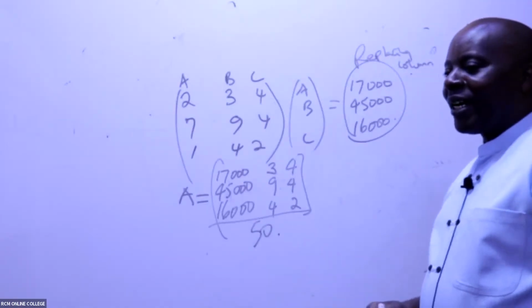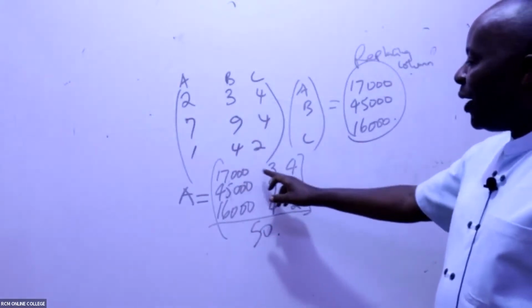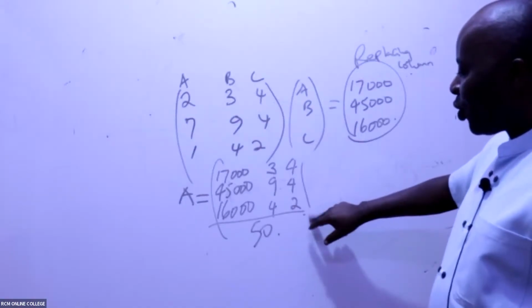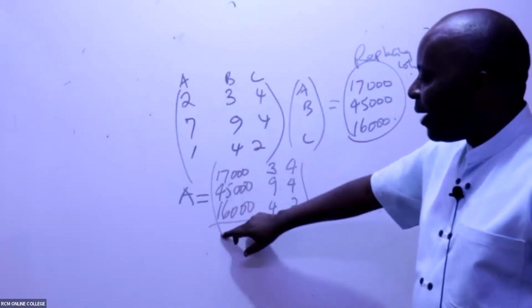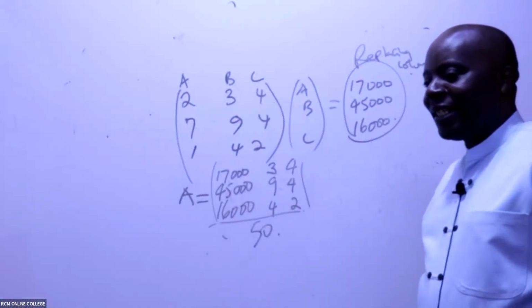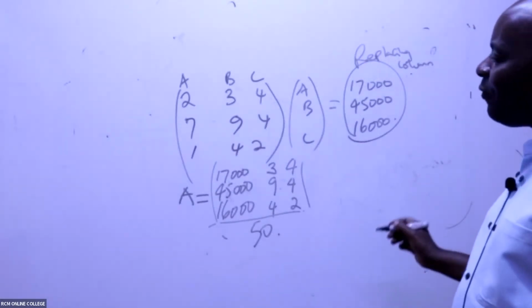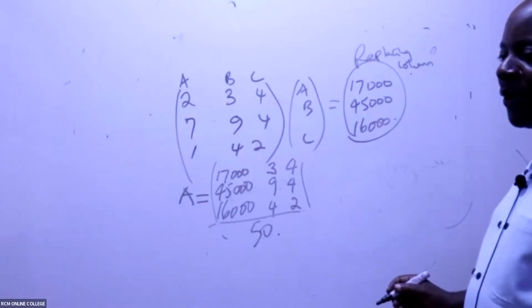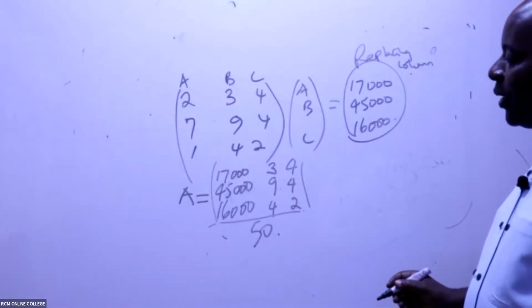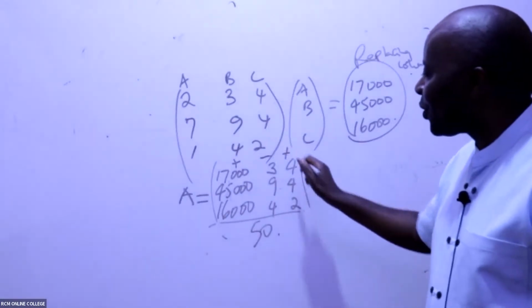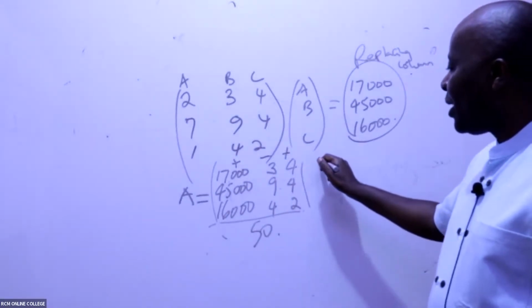Then our work, ladies and gentlemen, is to evaluate the determinant of the top number. So give me the determinant of the top number. If I'm the one doing this, I will get this very fast. Because I remember, these are 3 by 3, so plus, minus, plus. So this will be 17,000.